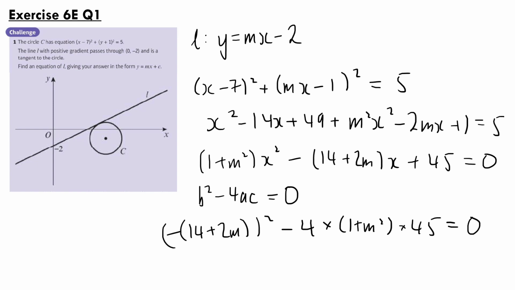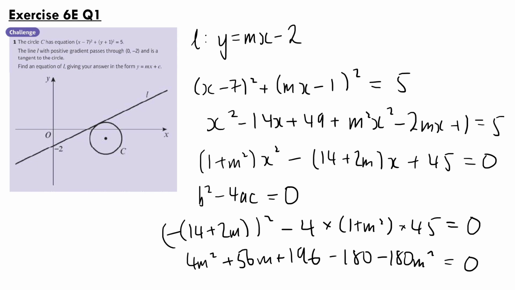So, expanding our brackets here, we get 4m² + 56m + 196 − 180 − 180m² equals 0. Okay, and collecting like terms, we get −176m² + 56m + 16 equals 0.